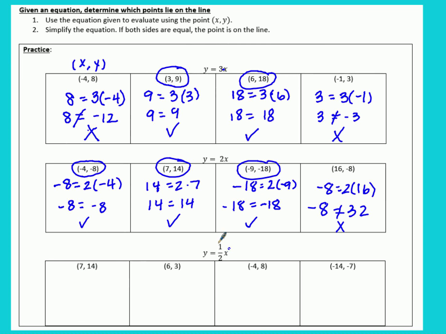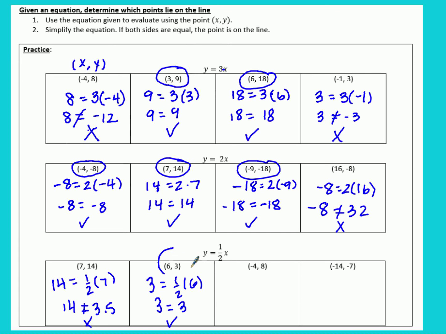So just those first 3 are examples here. In our last equation given, we have y equals 1/2 x. So you're just going to take half of each x value and hope that you get y. So if I have y is 14 and I do half of 7, 14 is not equal to 3.5. So this is not a point on our line. We have 3 equals 1/2 times 6. 3 equals half of 6, which is 3.